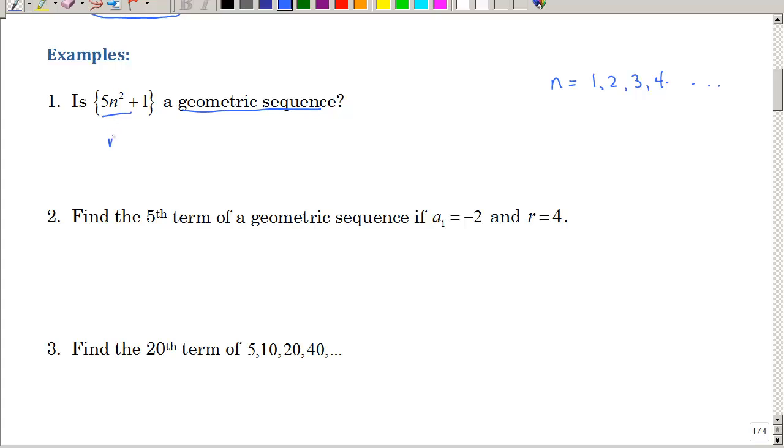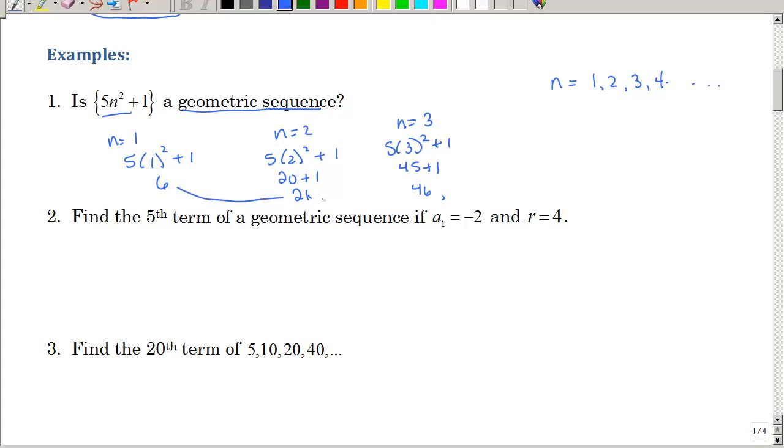If I let N be 1, I would get 5 times 1 squared plus 1, so that would be 6. If N is 2, 5 times 2 squared plus 1, so 4 times 5 is 20 plus 1 is 21. And when N is 3, I get 9 times 5 is 45, plus 1 is 46, and keep going.